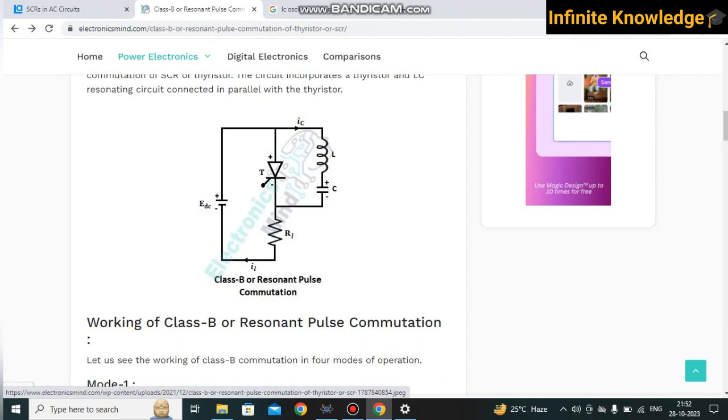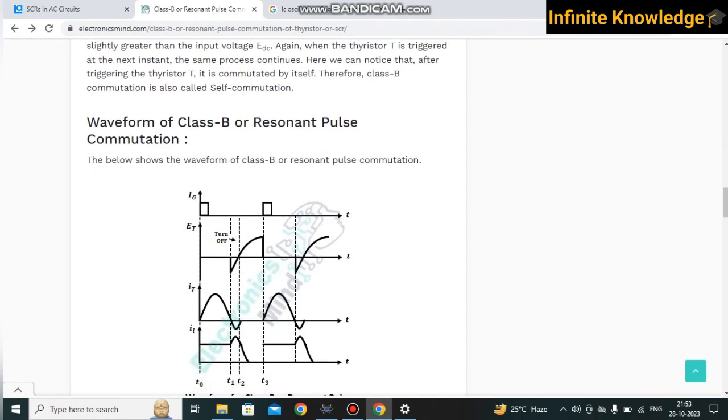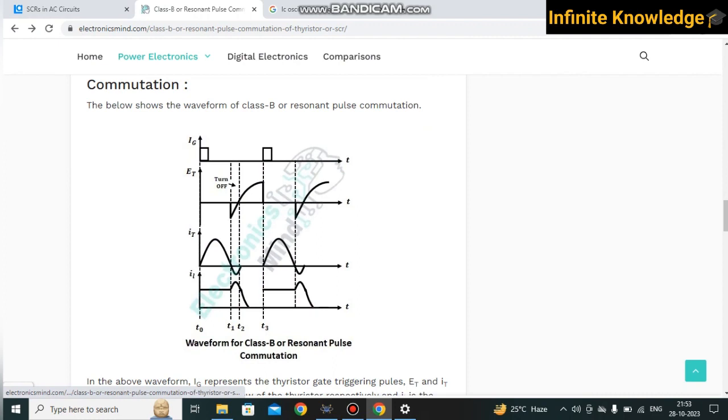Load current direction is from this part to this part, but your inductor capacitor charging path is this way, opposite to your load current. Due to this opposition, your load current becomes zero, and due to that the thyristor gets turned off.